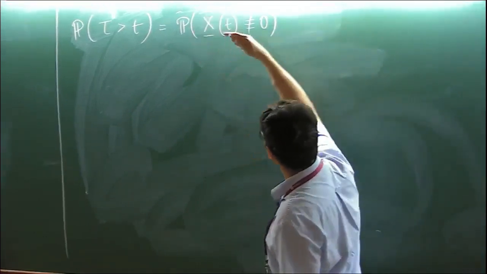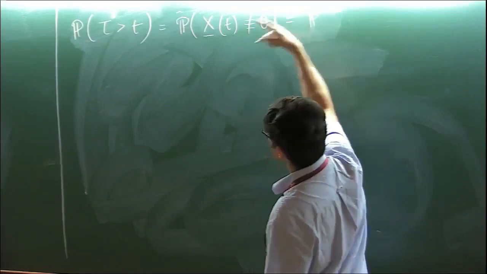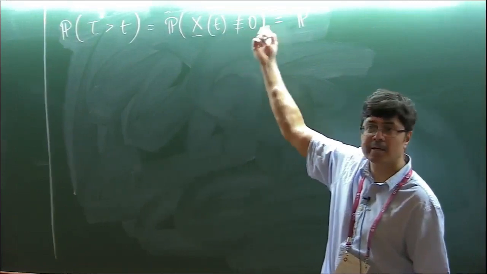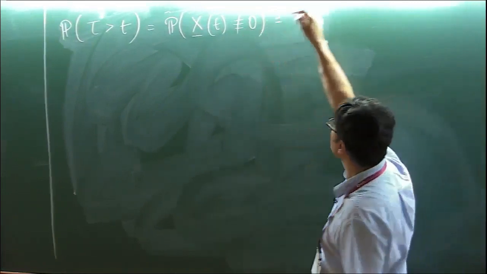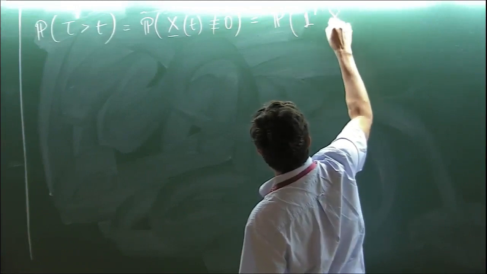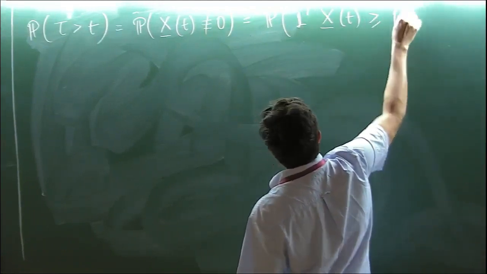Or another way to say this is the probability that the number of infected sites at time t is at least 1. So this is the probability that if you take 1 transpose xt, this has to be bigger or equal to 1.